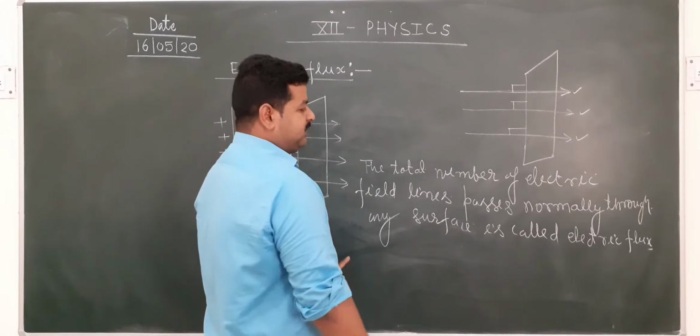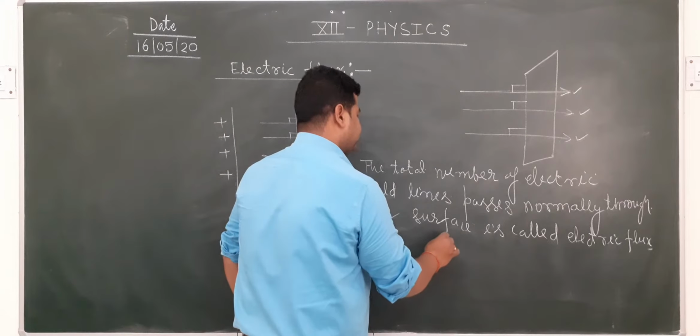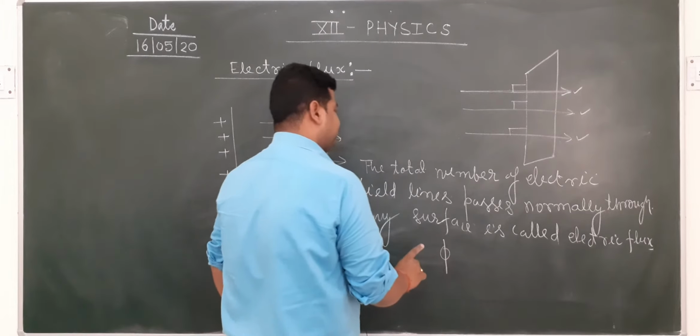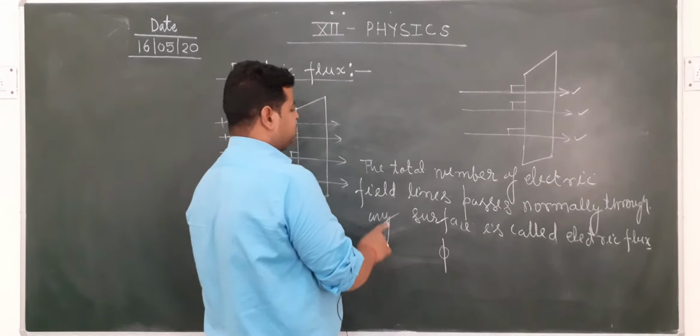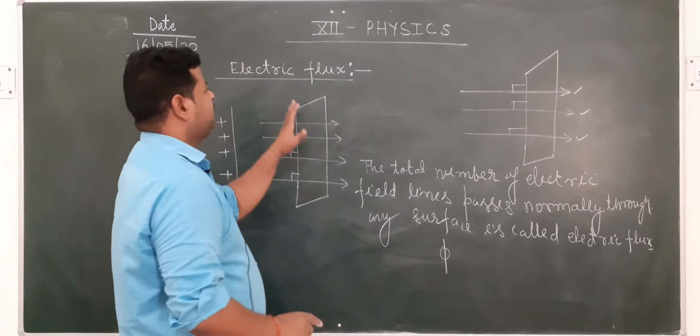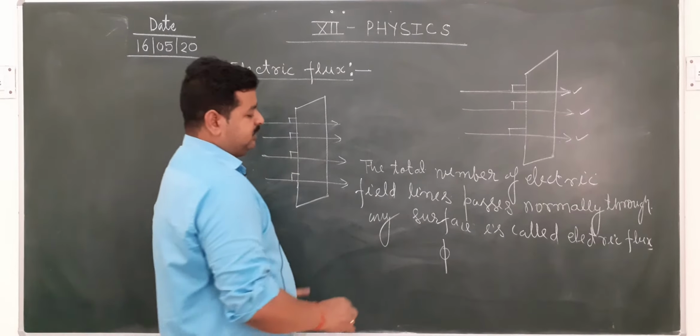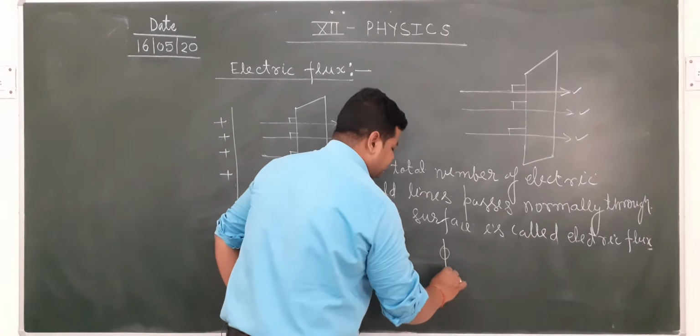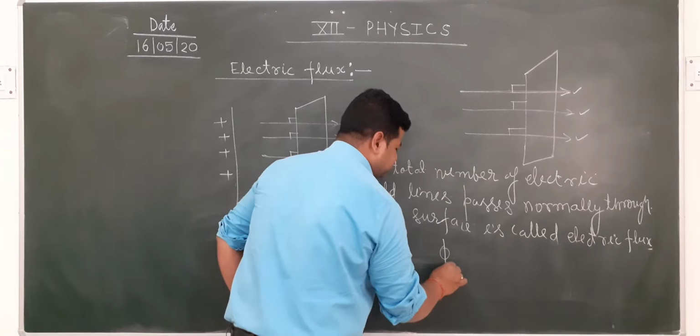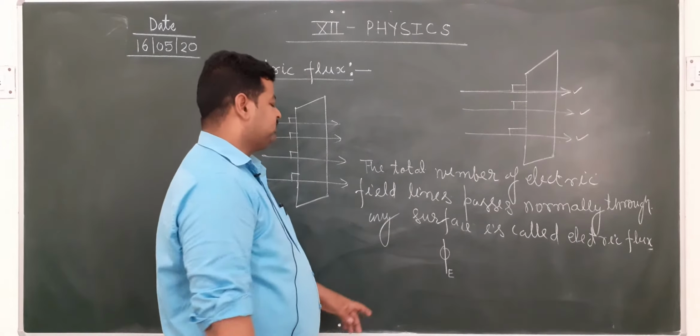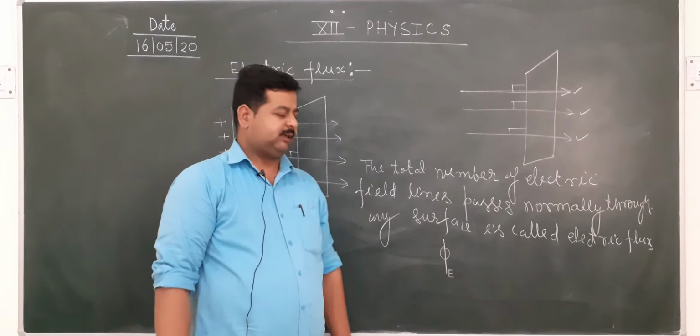Flux alone is represented by phi, but here we study electric flux, therefore we put a suffix E. So electric flux is represented by phi E.